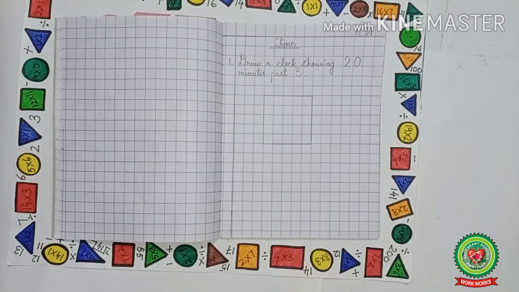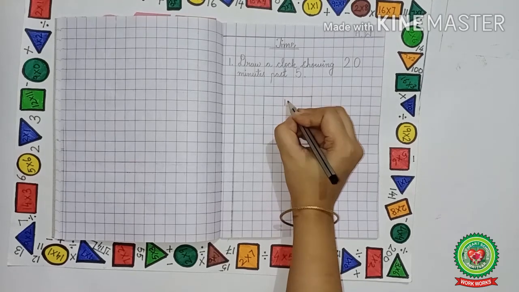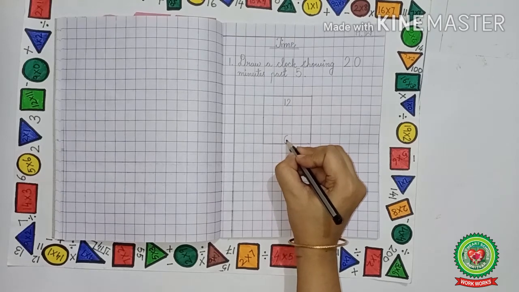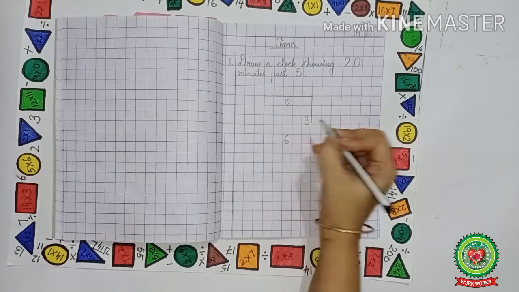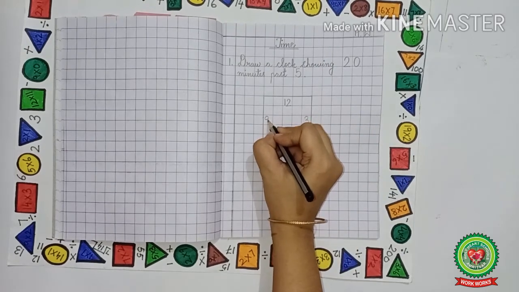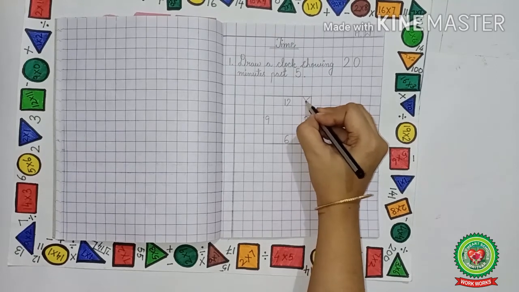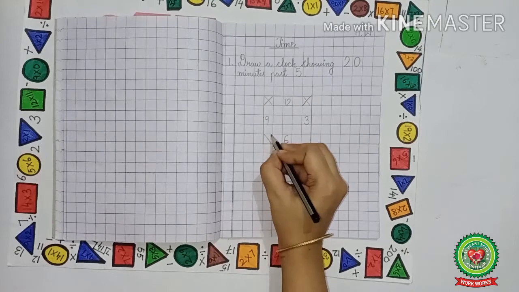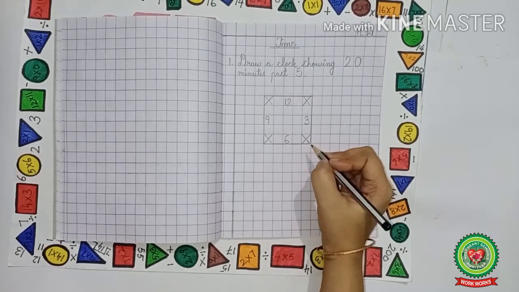Let us write the numbers. First of all, we will write 12. Then here we will write 6. Here we will write 3. Then here we will write 9. You will put a cross at the corners. Now, easily we can write the numbers.